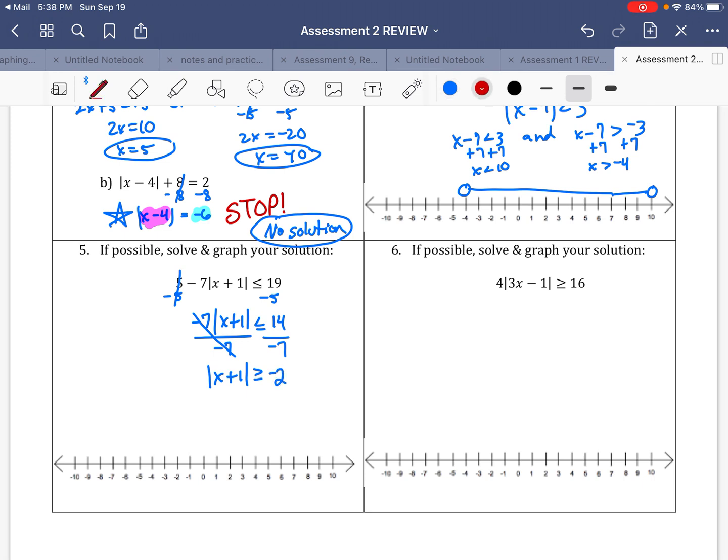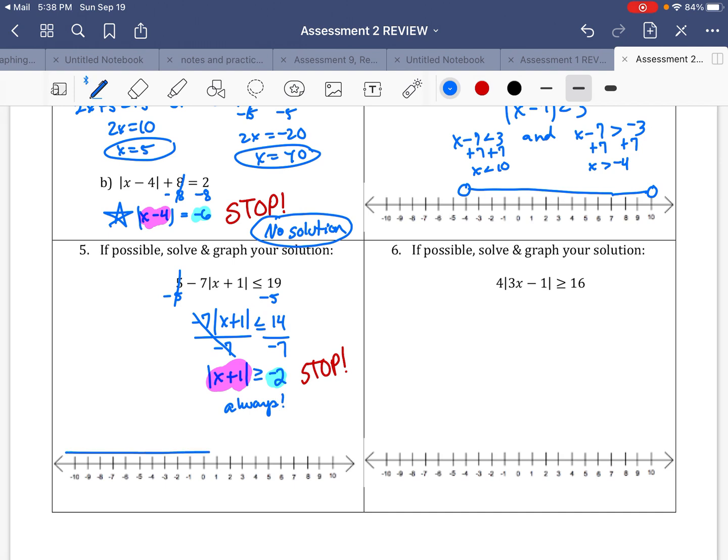So this is like what we had before. This is also a stopping situation. But let's decide what we have. What I'm being told here is that I have something that's positive over here, and I'm asking myself, when is a positive greater than or equal to a negative? Well, a positive is always greater than a negative. So it's not that this is never true, this is always true.